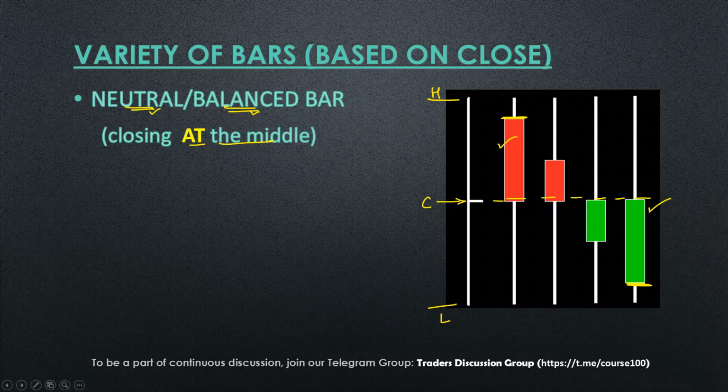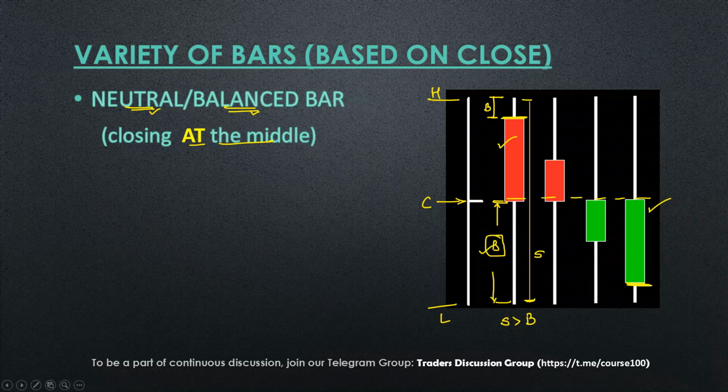If you analyze this, after opening my buying activity was seen, then from this level to the lows my selling activity was there, and then from this to this my buying activity triggered again. So even though this bar has more selling activity than buying activity, at the end my price closed with buying activity.